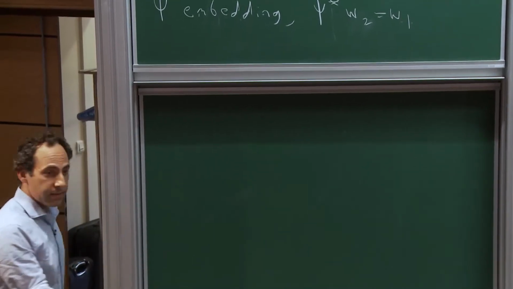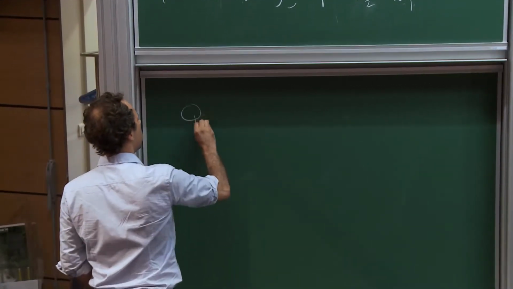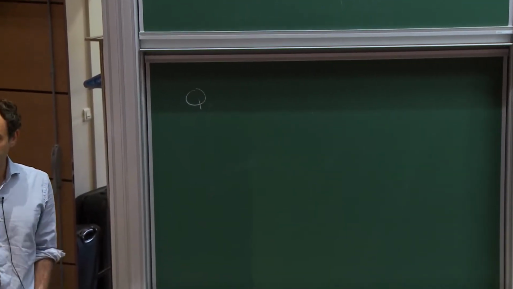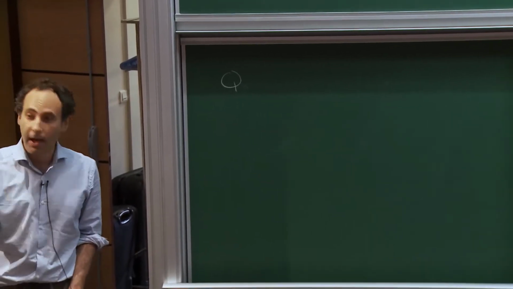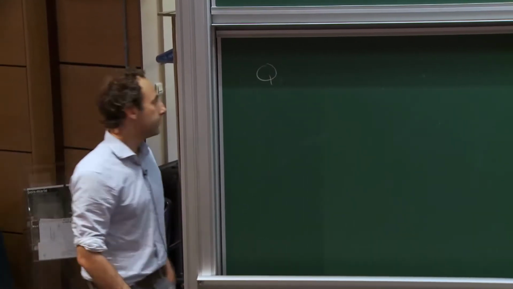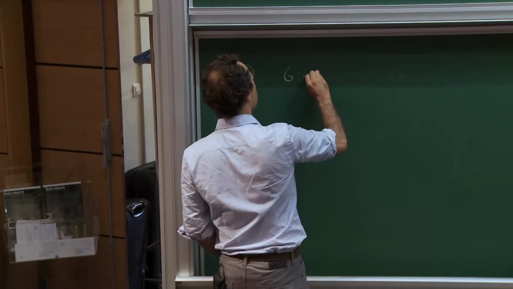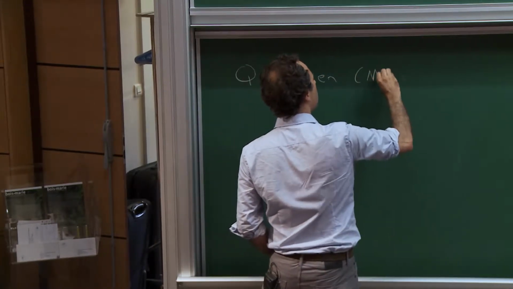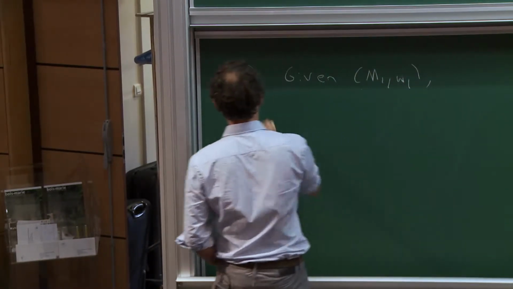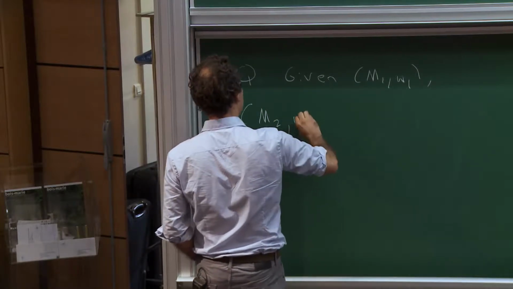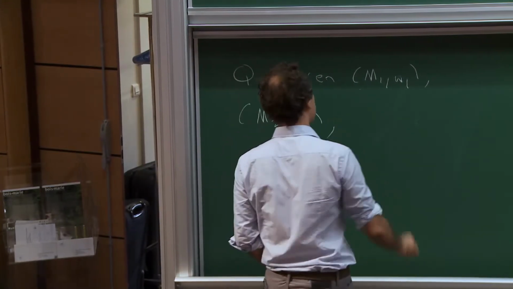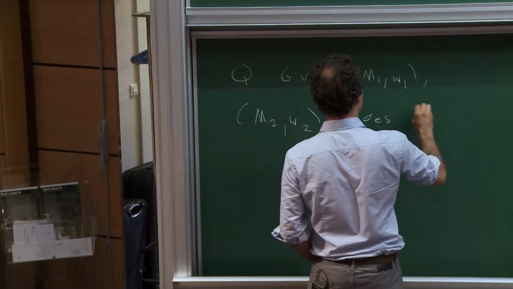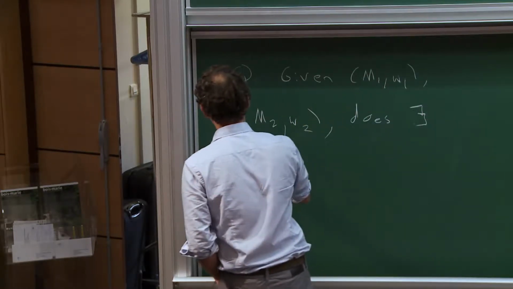Okay. So one can then ask the following question: if I'm given two symplectic manifolds, I'd like to know if I can find a symplectic embedding of one into another. So given M1 omega 1, M2 omega 2, does there exist a symplectic embedding?